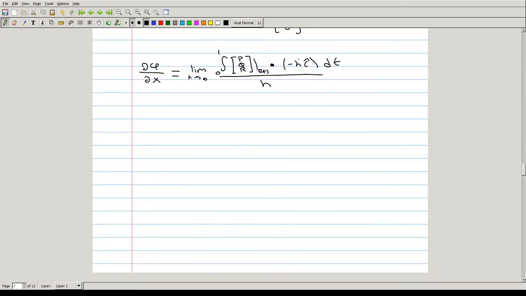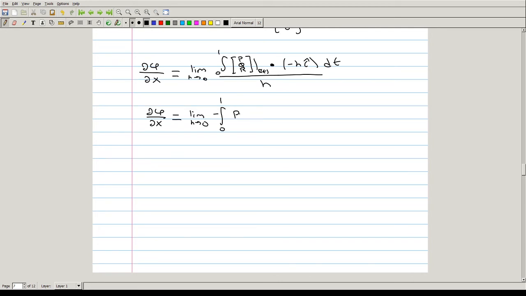Well, the h is constant in this integration with respect to t, so it comes out and cancels with this h. And what we're left with then is d phi dx is equal to the limit as h goes to 0, integral from 0 to 1 of the dot product of this with i hat, which is going to be P, with a negative sign on the outside here.